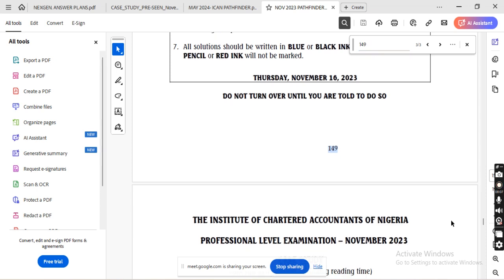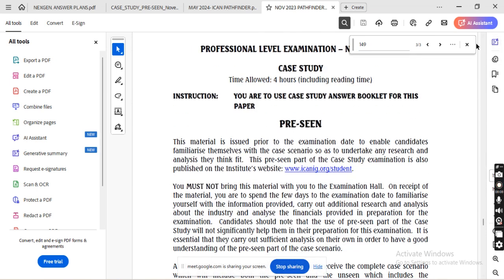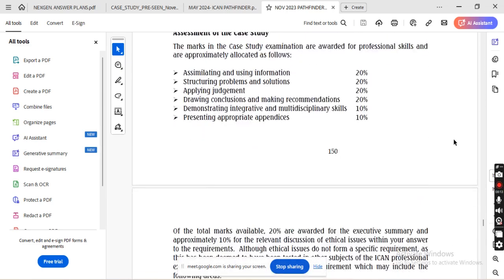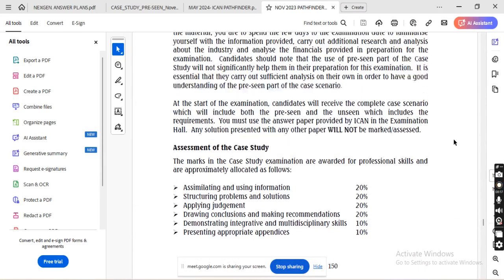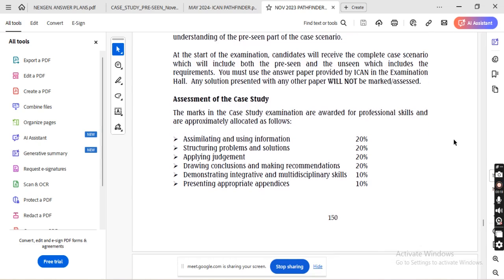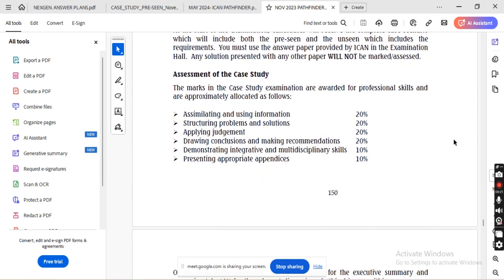So, assessment of the case study: the marks in the case study examination are awarded for professional skills and are approximately allocated as follows.